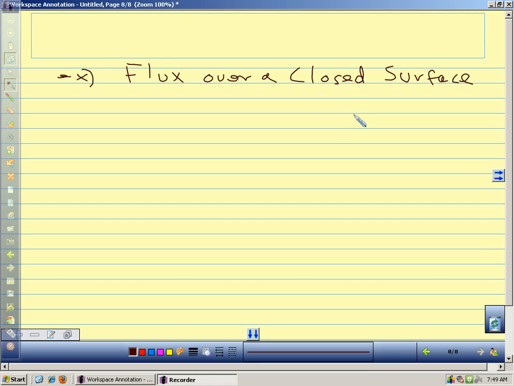all the surfaces. So let's say our field is (x plus y)i plus yj plus zk. And our surface is given to us by z equals 1 minus x squared minus y squared.